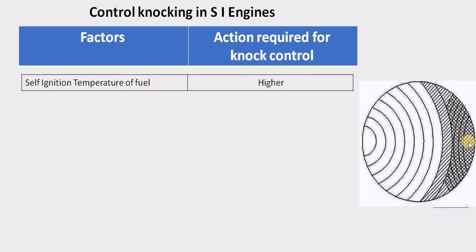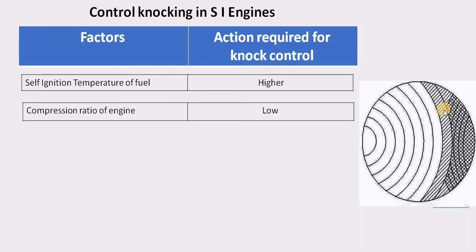If the self-ignition temperature of the fuel is higher, then the main flame is traveling over here, but the end mixture is unable to reach the self-ignition temperature. Since the end mixture is unable to reach the self-ignition temperature, a new flame will not be generated, and it will not be traveling back. Therefore, you can control the knock by ensuring that the self-ignition temperature of the fuel is higher.